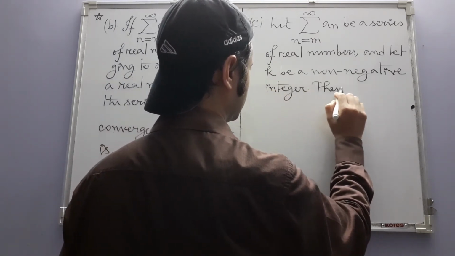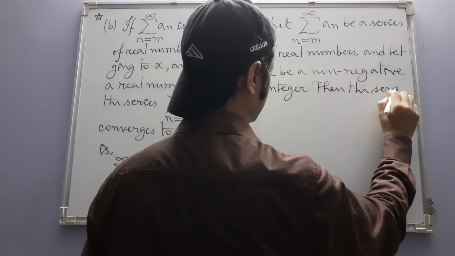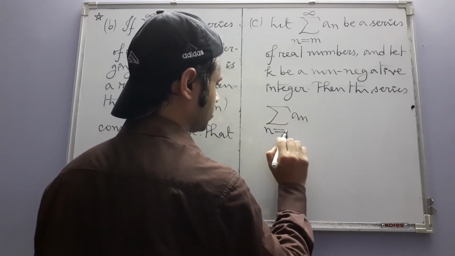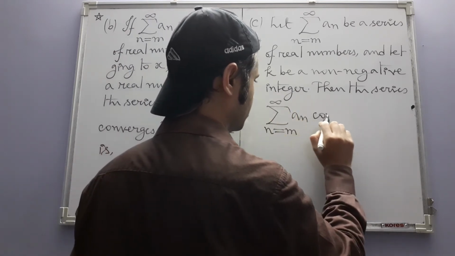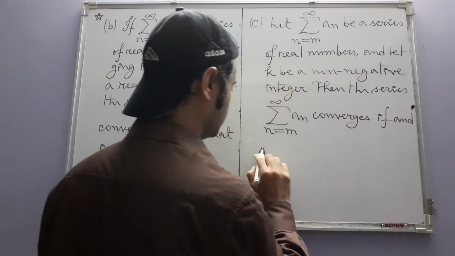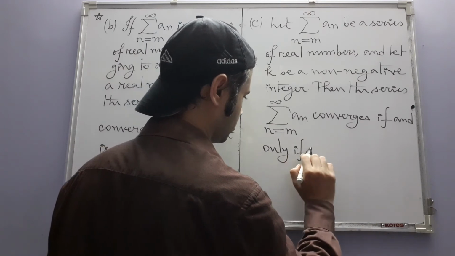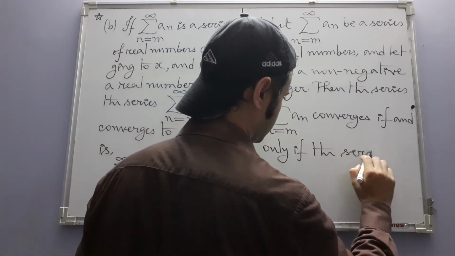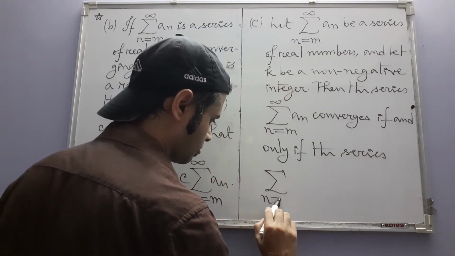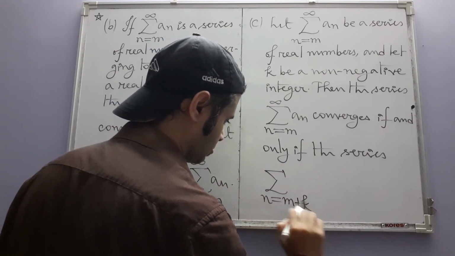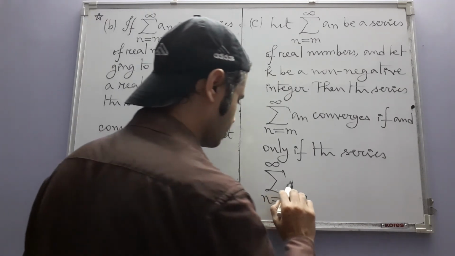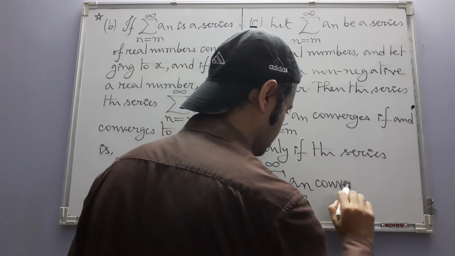Then the original series converges if and only if this other series, where the index starts from m plus k, converges.